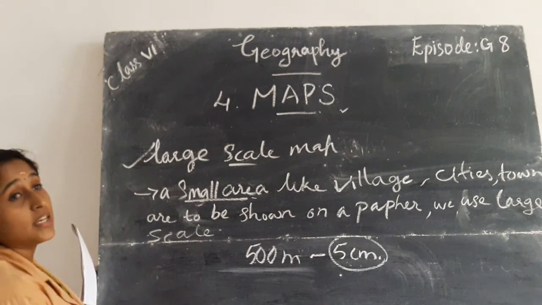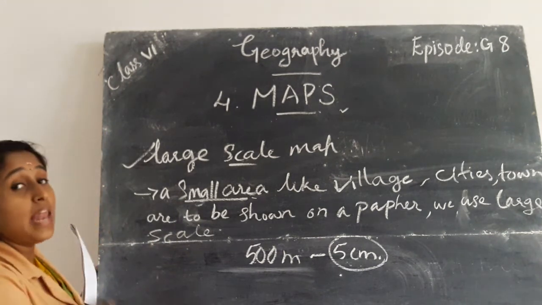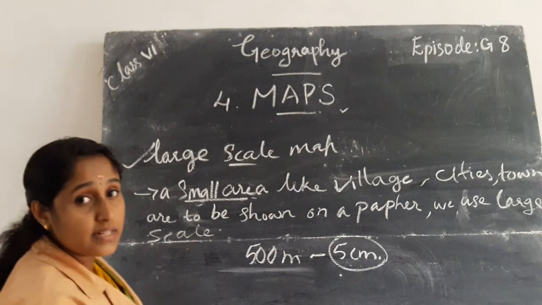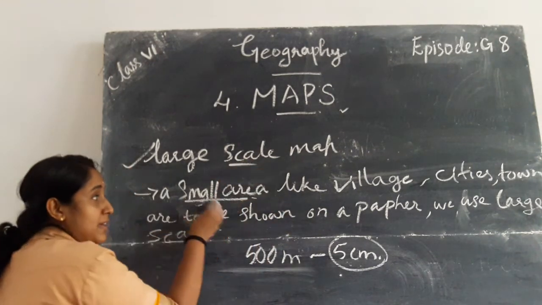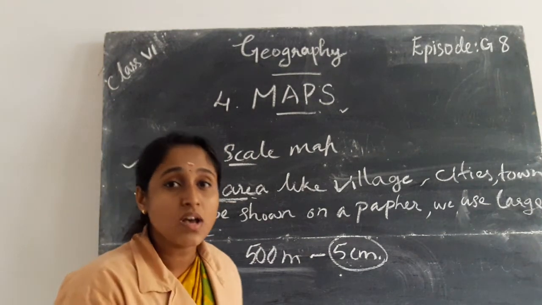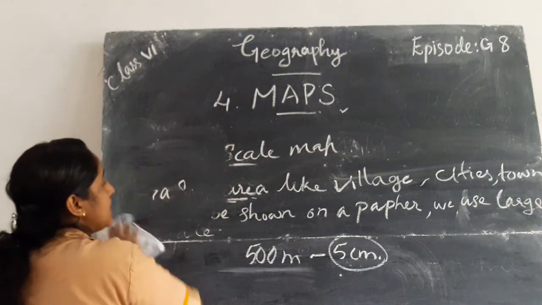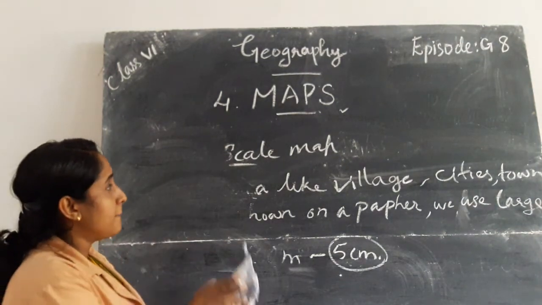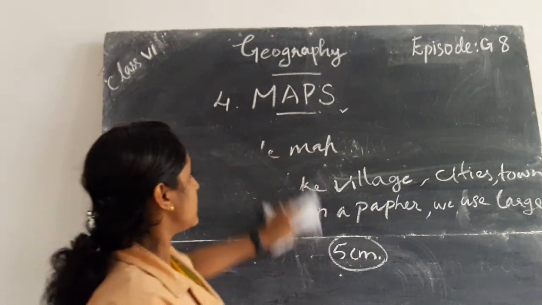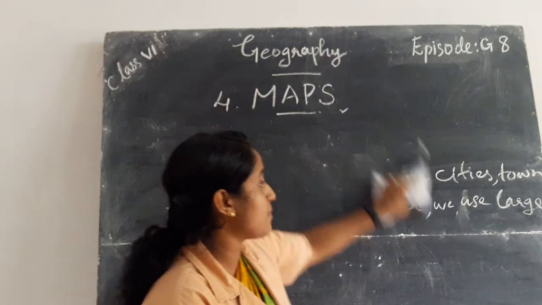A small scale map includes a large area, right? A large scale map includes a small area like villages, cities or towns. So these are the main types of scales: large scale map and small scale map.